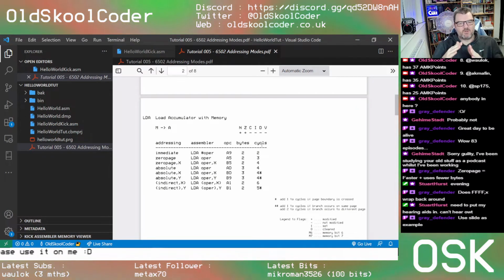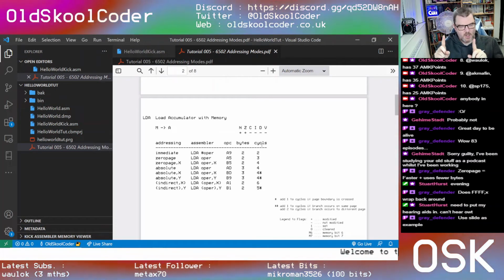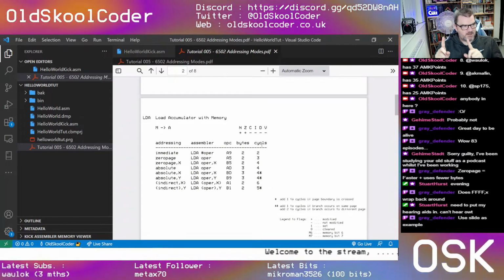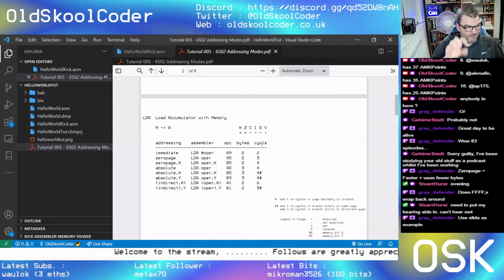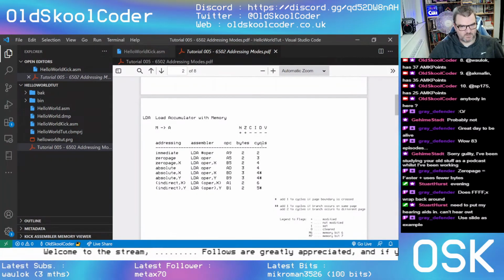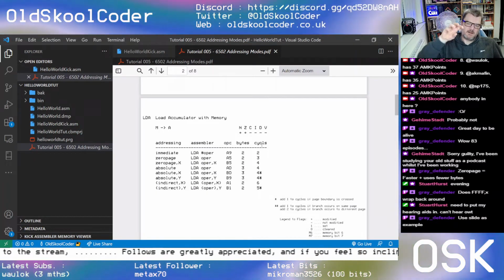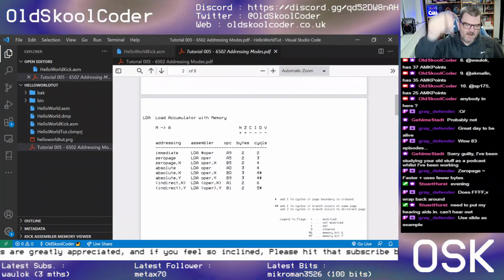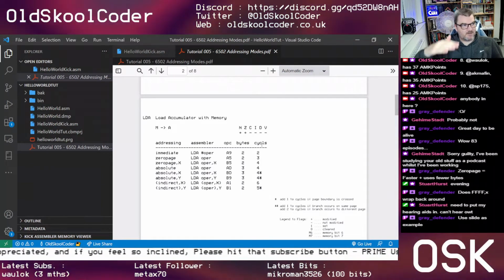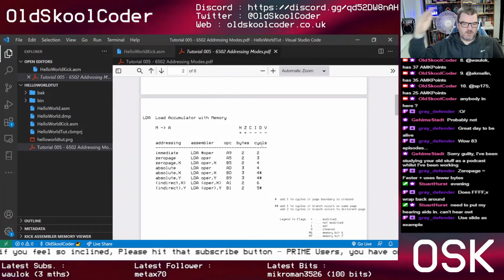So you would have jump, open bracket, and then put the address where your jump location is stored. It loads those 2 bytes out of that memory location and the memory location plus 1, flips them round, puts it in the program counter, and that's the next instruction. That effectively jumps to another location.